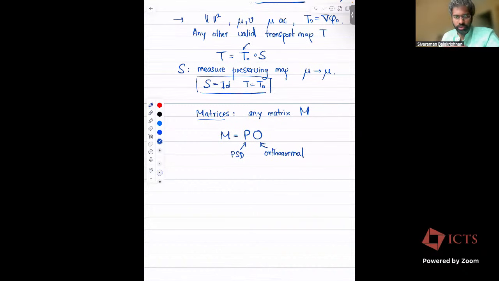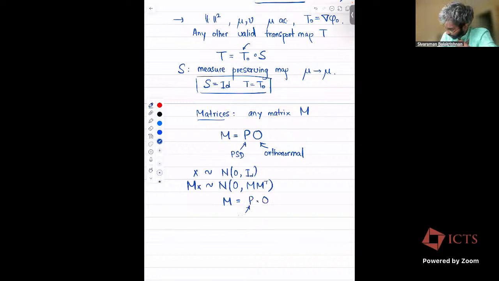The way you should think about it is if I thought about transporting Gaussians. Suppose X had a distribution which is normal with zero mean and identity covariance, then M times X also has a normal distribution with some mean, some covariance matrix, doesn't matter. Now you can ask, what is the OT map between these two distributions? The OT map will be: you decompose M as some piece P times some orthonormal piece, and P will be the OT map between them.